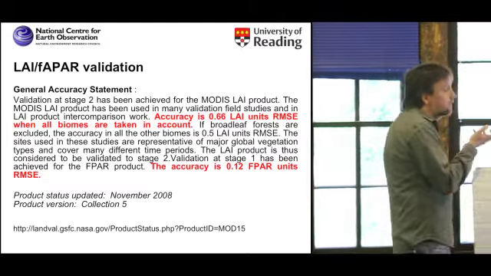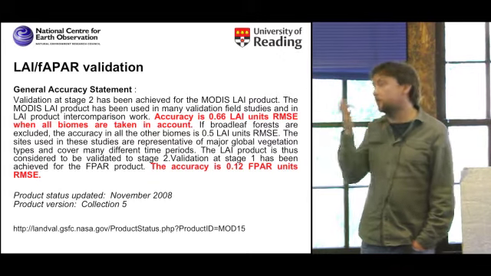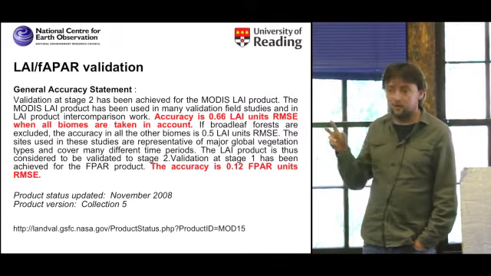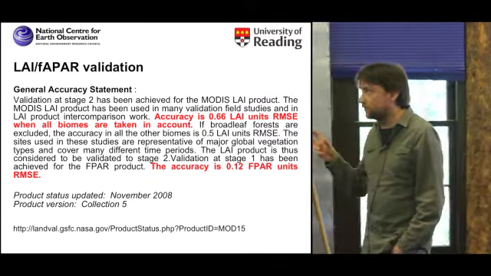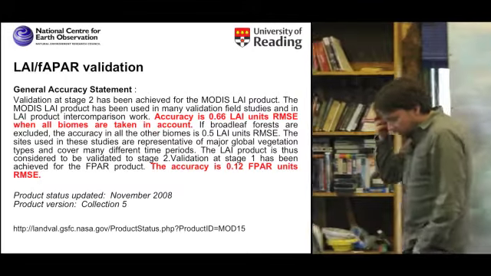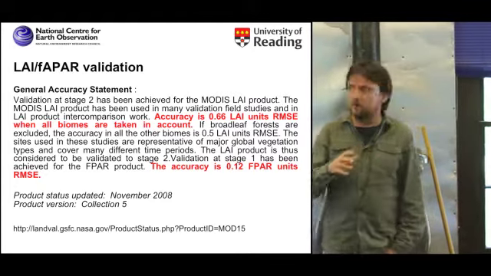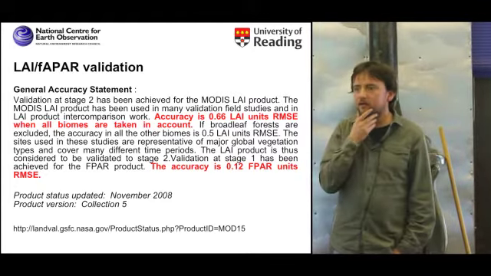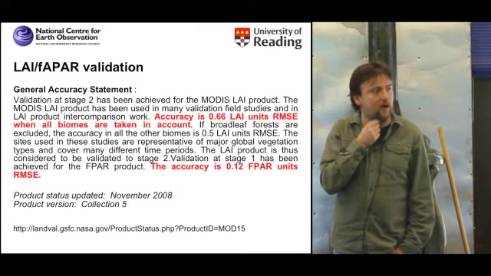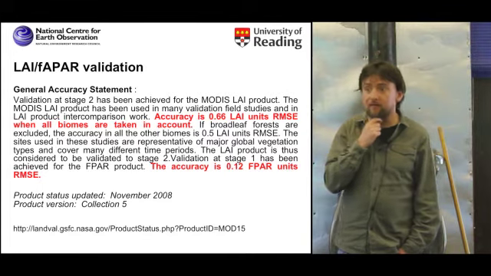Now, that's like saying you've got a 12% error, well, not an absolute or relative error. So if you had a canopy which was absorbing about half of its incoming radiation, approximately, then you've got like a 20% error on the amount you're absorbing, and that, in terms of photosynthesis, is going to make a big difference.